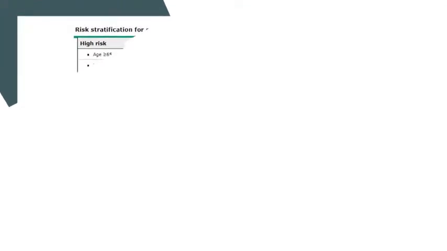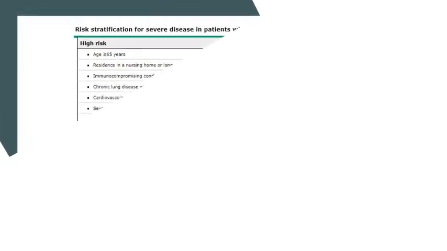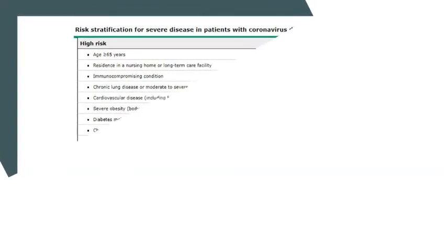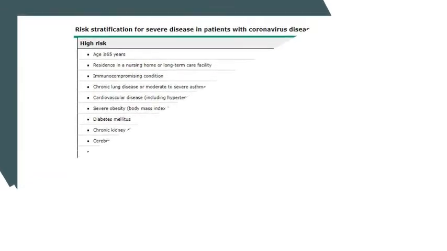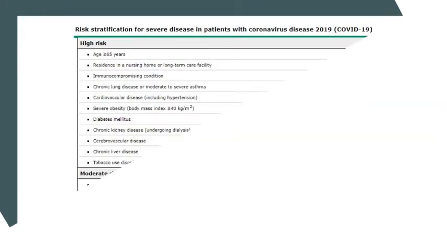So people who are at high risk are those aged more than 65 years, residents in nursing homes or long-term care facilities, because there is the liability to mix with many people, immunocompromising conditions, chronic lung disease to moderate-severe asthma, cardiovascular disease, including hypertension in this case, and severe obesity with body mass index more than 40 kilograms per square meter, diabetes mellitus, chronic kidney disease, undergoing dialysis, cerebrovascular disease, chronic liver disease, and tobacco use disorder.